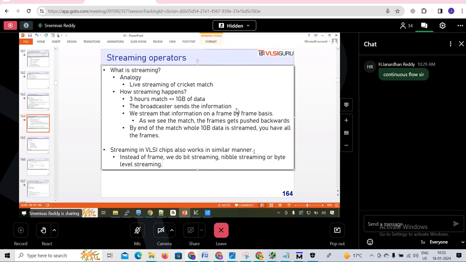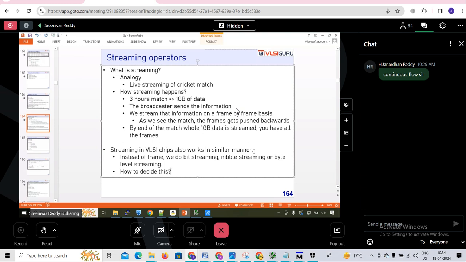Streaming at bit level, or nibble, which means 4 bits, or byte level. Now, who will decide? How to decide whether to do bit level streaming, nibble streaming, or byte streaming?